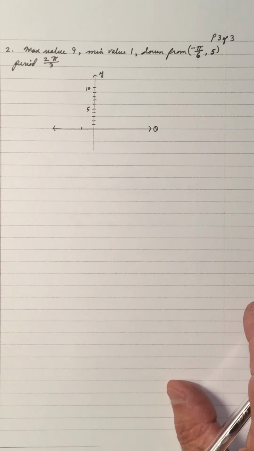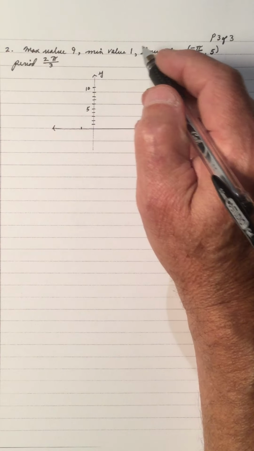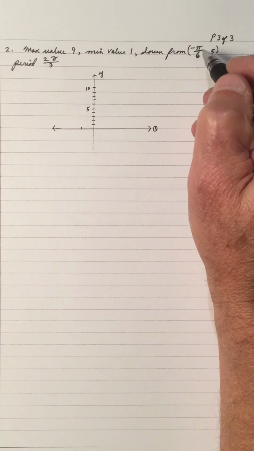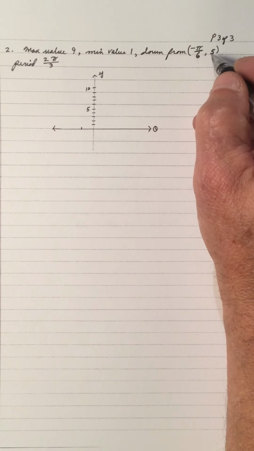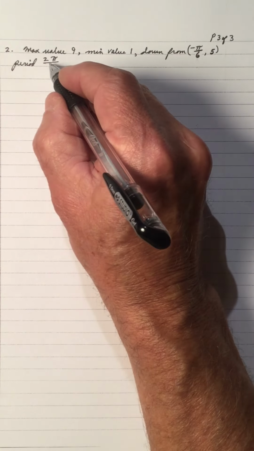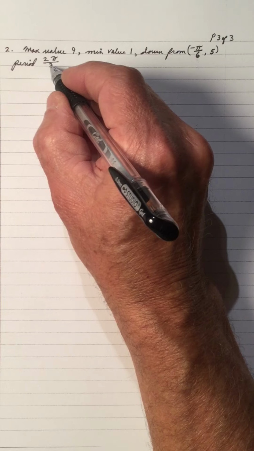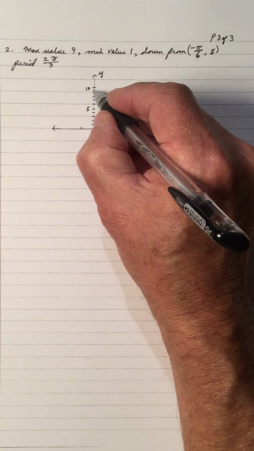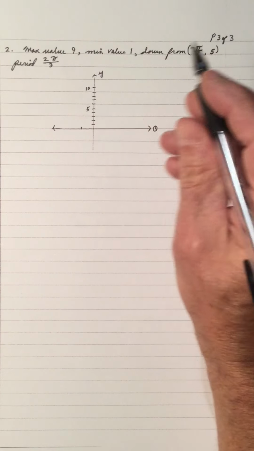We're given that we have a maximum value of 9, a minimum value of 1, and we're moving down from (-pi/6, 5), and it has a period of 2 pi/3. So let's see, we have a maximum value of 9, minimum of 1.